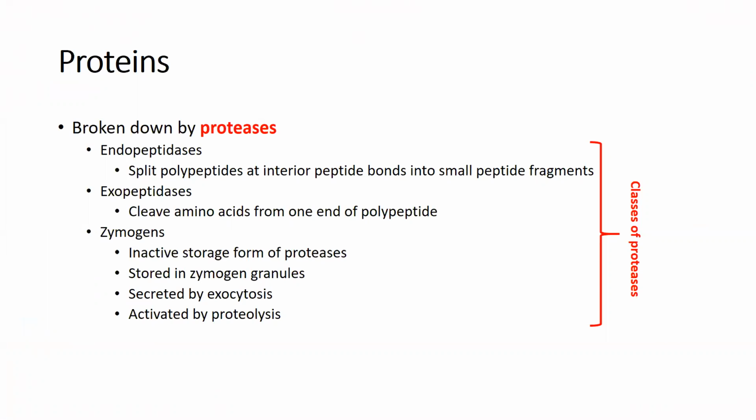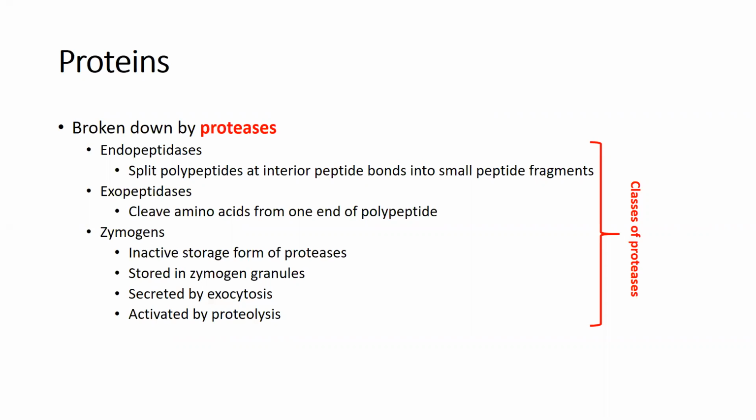There are different types of proteases, and their differences are based upon where along the peptide chain the enzyme cleaves. Endopeptidases cleave within the interior, not towards the peripheral ends, but along the middle parts of the peptide chain. Exopeptidases are the opposite. They cleave towards the peripheral ends.